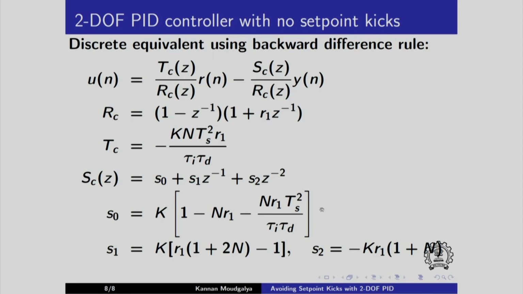I would encourage you to derive these terms. Some of these are explained in the textbook. You can also show the offset free tracking condition in the discrete form, namely Sc at z equals 1. If you substitute 1 here, it will be s0 plus s1 plus s2, and you can show that it is equal to Tc, which is this.